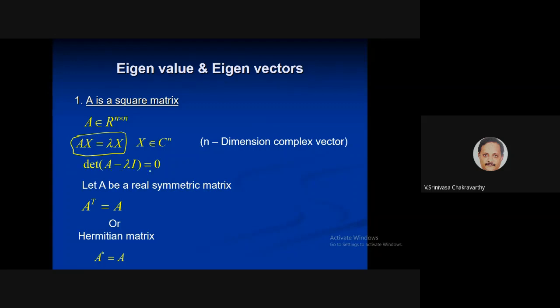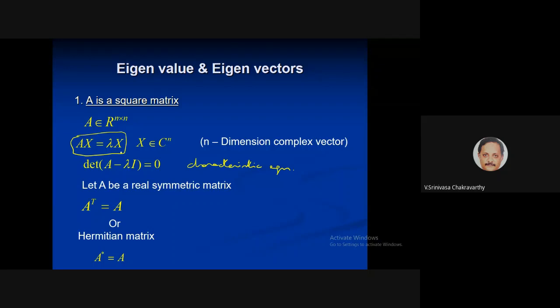This becomes a polynomial called the characteristic equation. You solve that to get the eigenvalues, then you plug the eigenvalues back into the eigenvalue equation, and you get the eigenvectors.